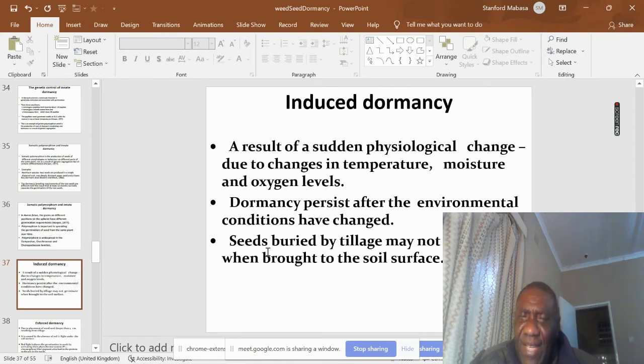They still have the information which they acquired when they were buried in the first place. It is still there inside the seed. That's why the seed is not germinating. So this is induced domains. There's another domain which is more or less like this, which is governed by environmental conditions.